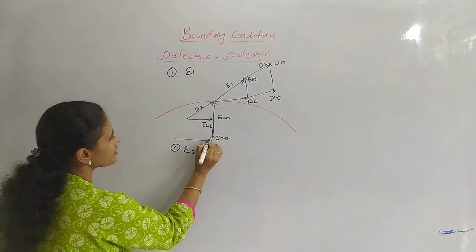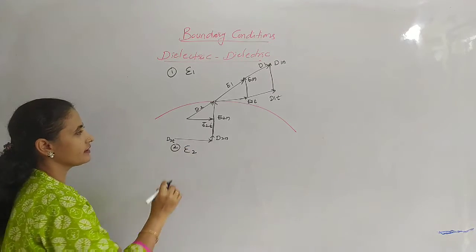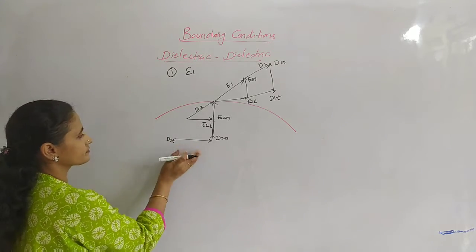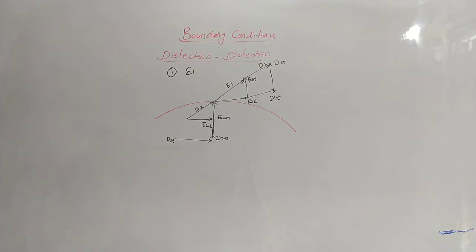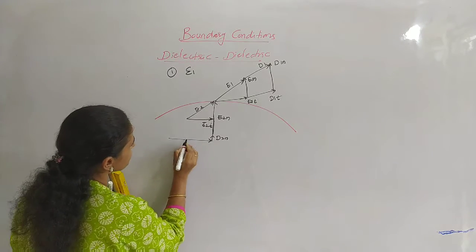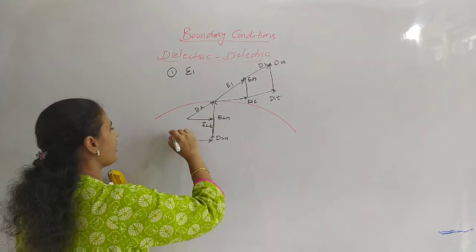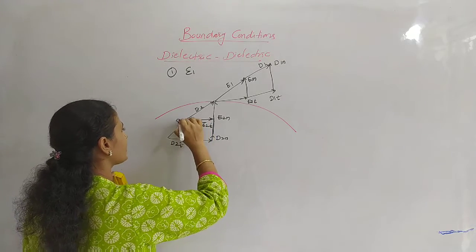So the tangential component of electric flux density is given by D2t, and this is the resultant D2.